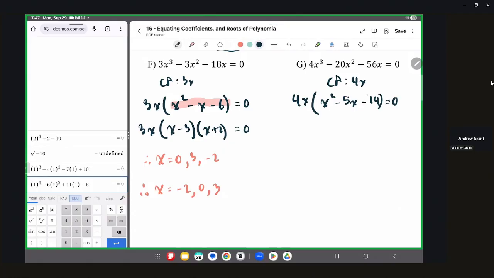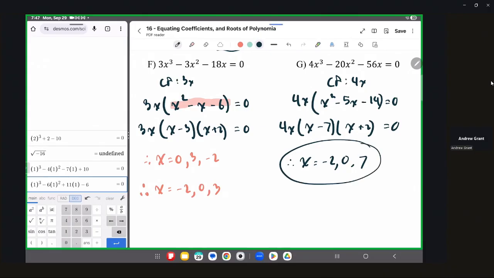So what numbers multiply to make negative 14 and add to make negative 5? So it'll be 4x times x minus 7 times x plus 2 equals 0. Therefore, x will be equal to negative 2, 0, and 7 as our solutions. So when you set each of the three factors equal to 0, those will be our corresponding answers.